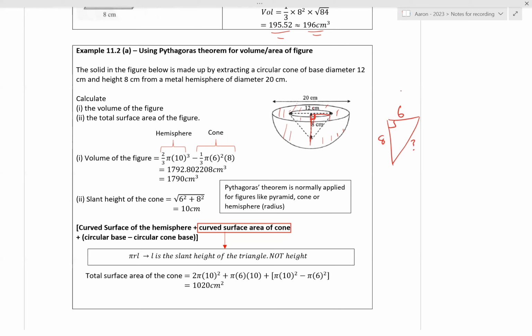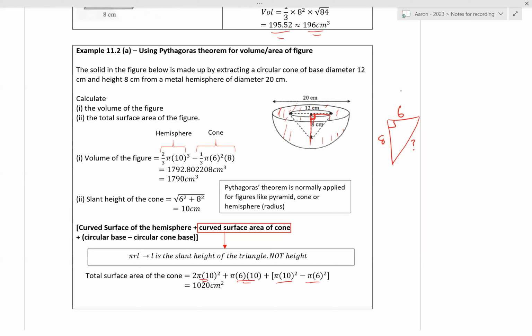Okay, after that, you throw everything into what you need. Total surface area: 2 pi r squared, because half of a sphere. So 2 pi r squared for the curved surface area of the hemisphere. Then this pi times 6 times 10 is your pi rl, curved surface area of cone. Sorry, the earlier one was hemisphere. I think I said cone just now. Then lastly, you have pi times 10 squared minus pi times 6 squared, which is this region here.